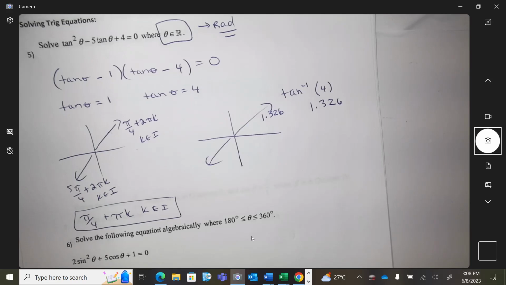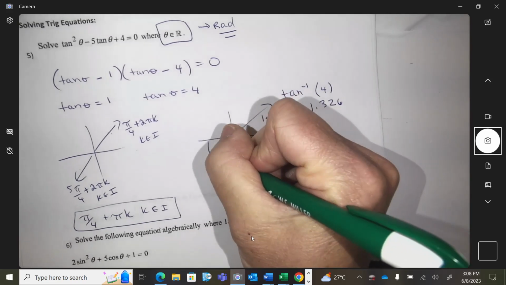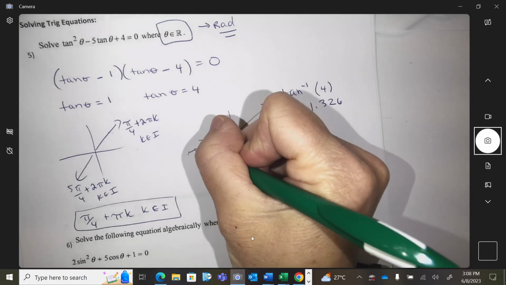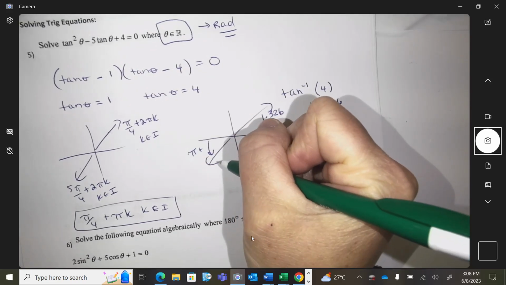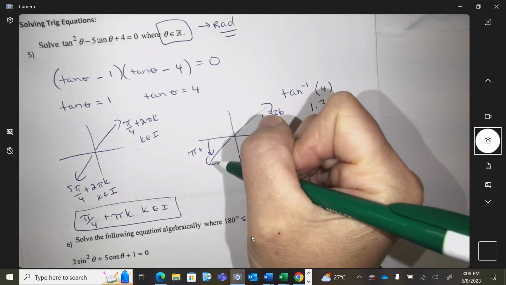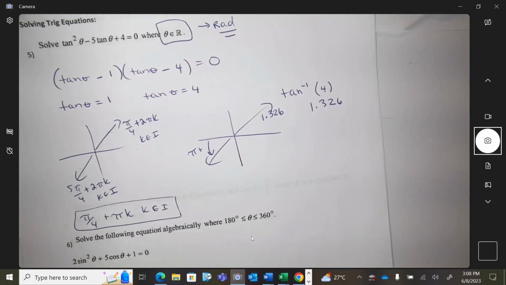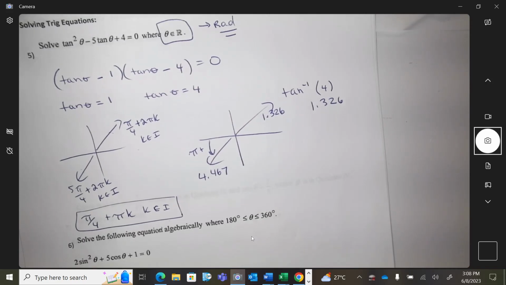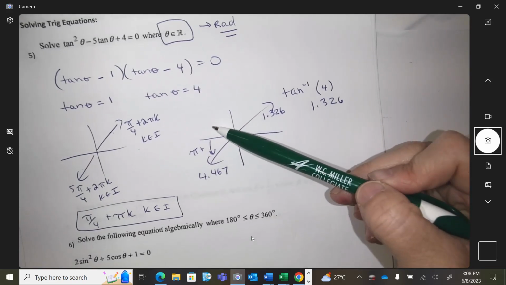Okay, so that number I got was 1.326. How would you get this location? Plus, it's bigger than pi. It's that much bigger than pi. Do you remember that? So 4.467. Okay? So in this quadrant, you're less than pi.